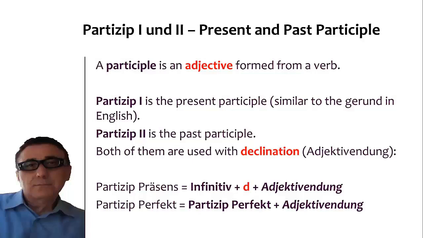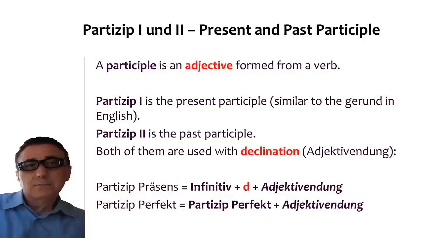The first one, Partizip I, or with its more grammatical name, Partizip Präsens, is something very similar to the gerund in English. And Partizip II, or Partizip Perfekt, is exactly the same thing as the past participle in English.